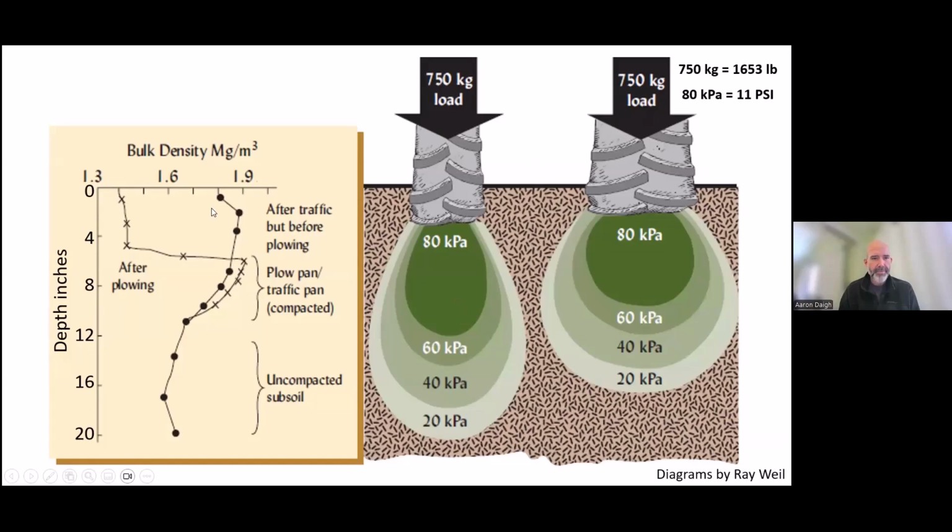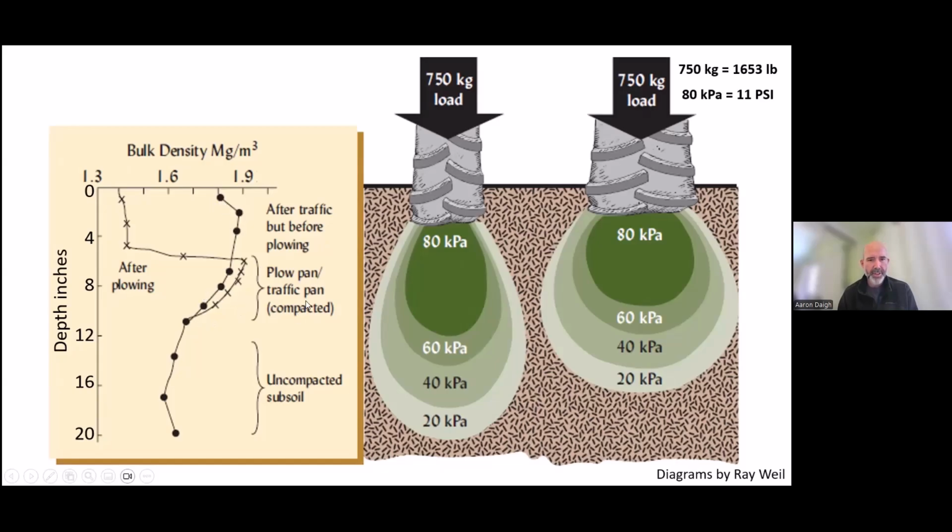If we look at bulk density as a metric of how compacted that soil is, 1.3, let's say, would be not too compacted, and 1.9 is certainly compacted and influencing root growth. Then we go down into the soil depth from the surface. These black dots would be the bulk density after traffic, but before any plowing. You see this wheel traffic down to about 80 kilopascals, which is equivalent to about 11 psi down in the soil.